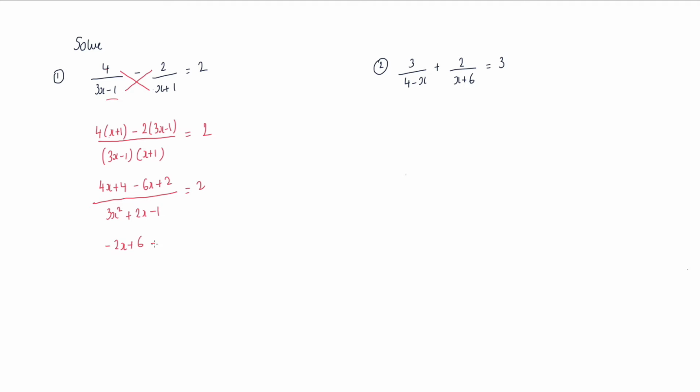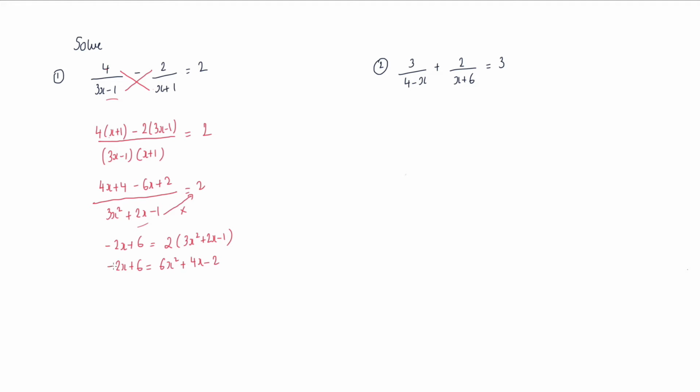Now, what we can do here is you need to get rid of this 3x squared plus 2x minus 1. So what I'm going to do is I'm going to cross multiply this by the 2 diagonally. So what I can write is this 2 bracket 3x squared plus 2x minus 1. Okay, so then I have minus 2x plus 6 equals to 6x squared plus 4x minus 2.